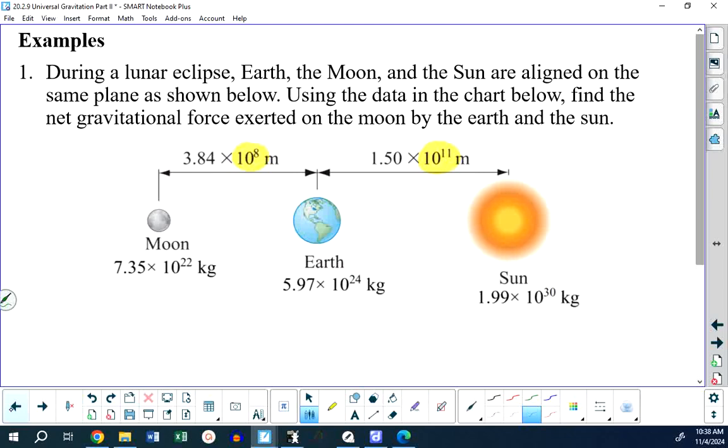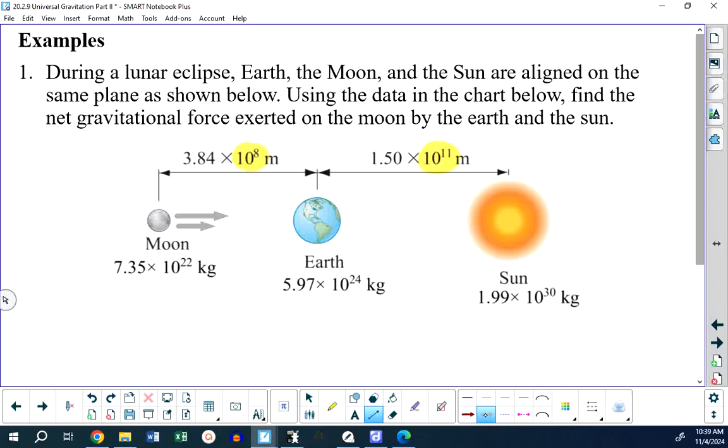Gravity extends through things. What this means is there are two forces pulling the moon to the right. One of them is the force of gravity due to the attraction of the moon and the earth. One of them is the force of gravity due to the attraction between the moon and the sun. We can calculate both of those.